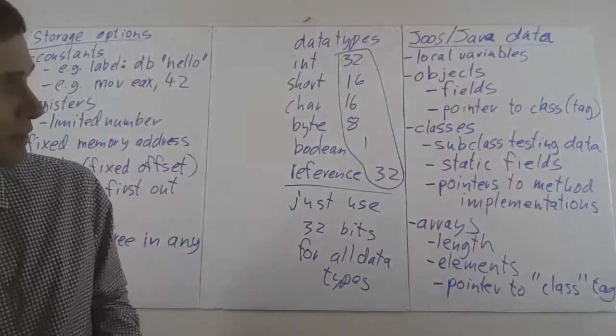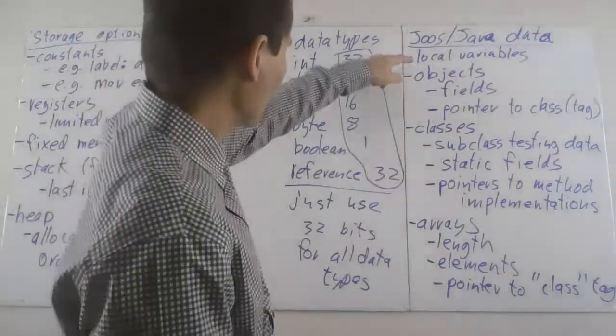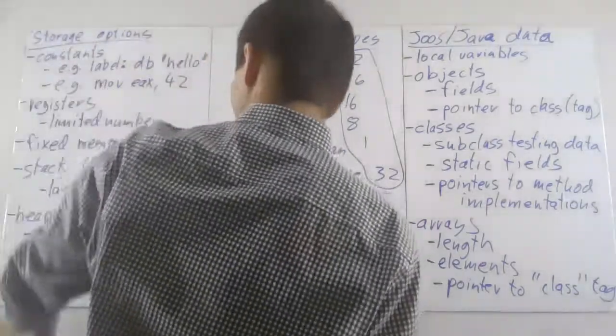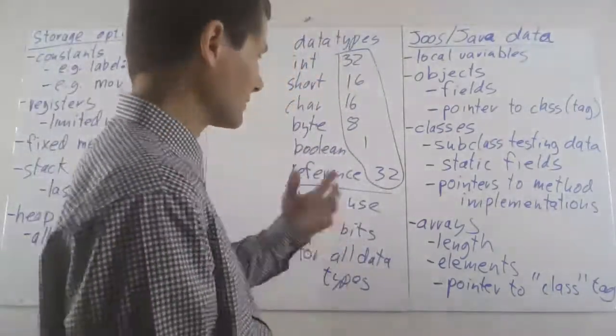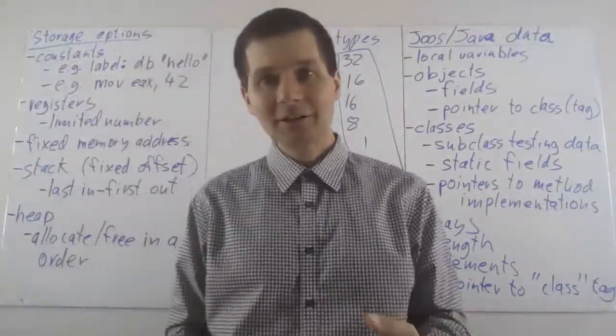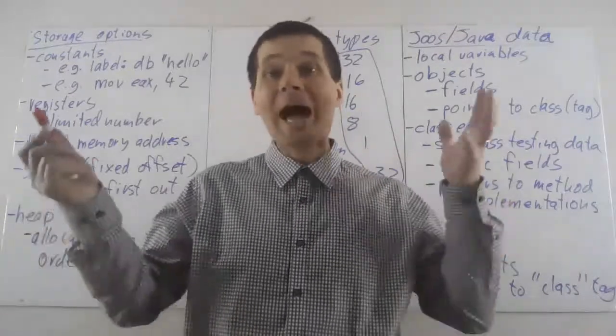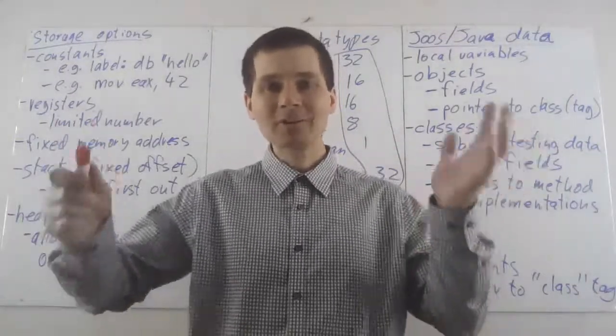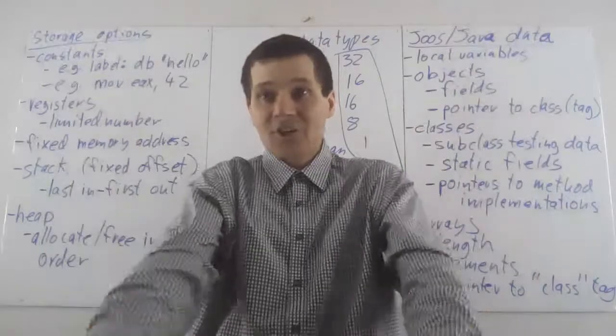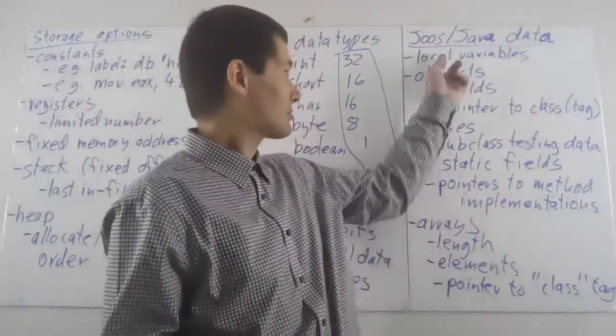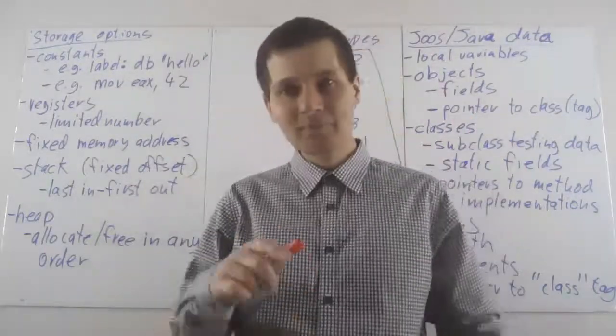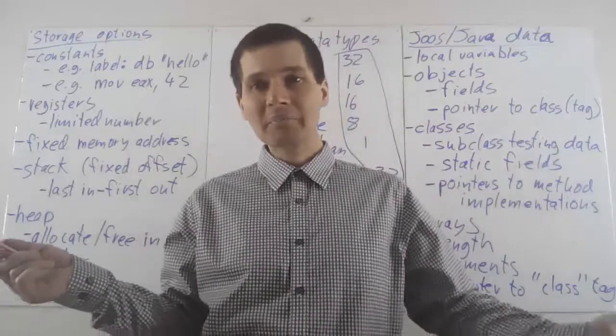But at a high level, it's just local variables: which of these things do I store them in? There's no absolute right answer. Partly it's your decision. You can choose to store your local variables on the heap and it will work.